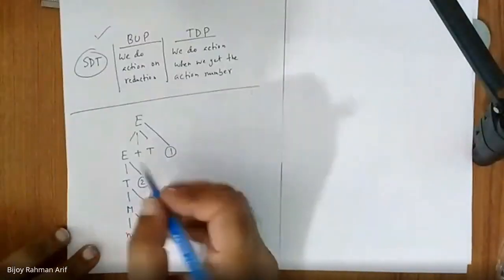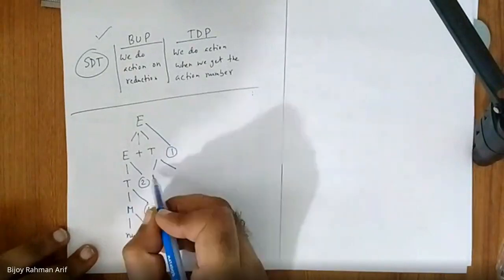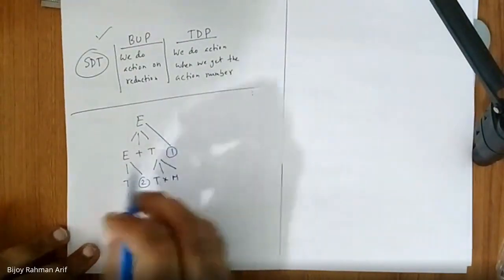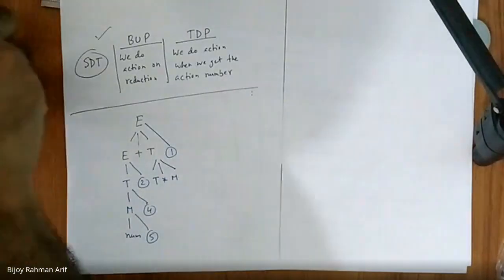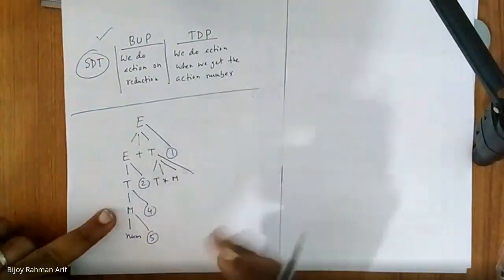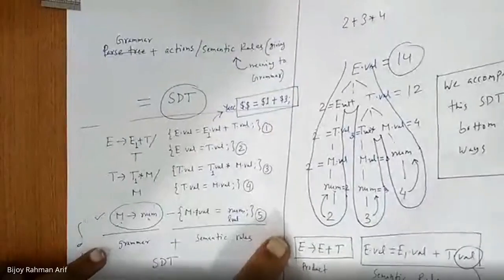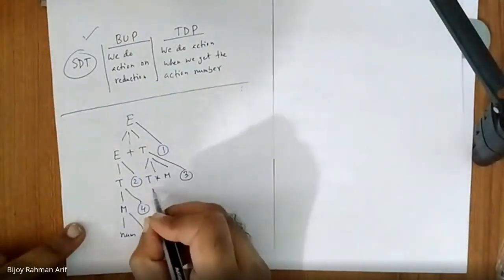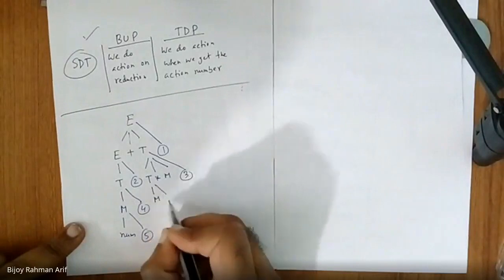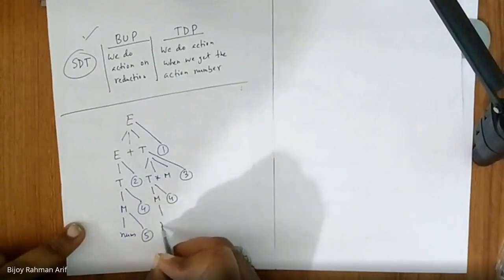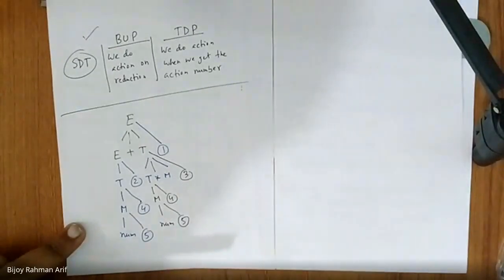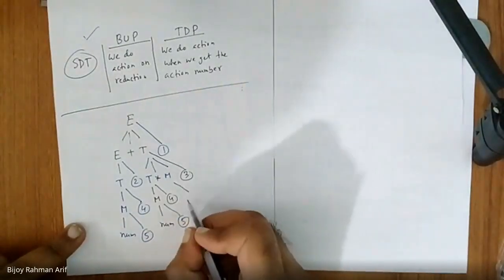Then this T derives T star M. What is the action? 3. This T derives M. What is the action? 4. M derives num. What is the action? 5. Then this M derives num.